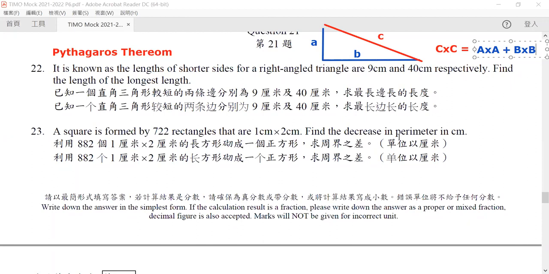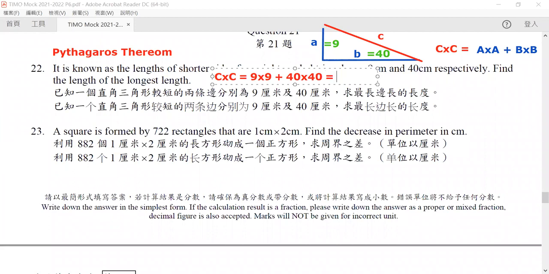Now, we already know the values of A and B: A is equal to 9 and B is equal to 40. So we can directly substitute, and hence we get the square of our hypotenuse equal to 9 times 9 plus 40 times 40. So it will be equal to 1681.